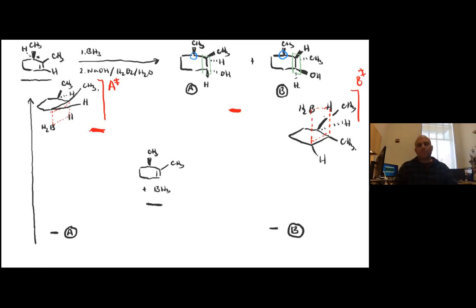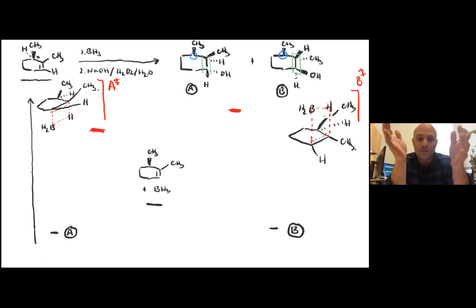The important point is that the stereochemical relationship between these two transition states is that they are, in fact, diastereomers. They are non-superimposable. They are not enantiomers. They are not non-superimposable mirror images of each other. They are just stereoisomers.